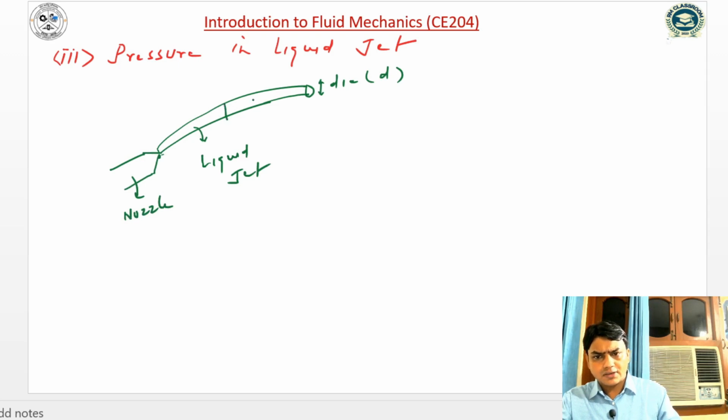If I cut this portion, it will look like a cylindrical shape. So a liquid jet of length, let us assume the length is L, and diameter is d.